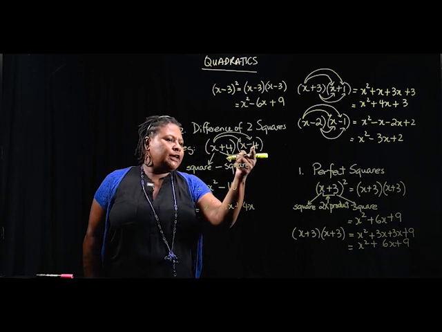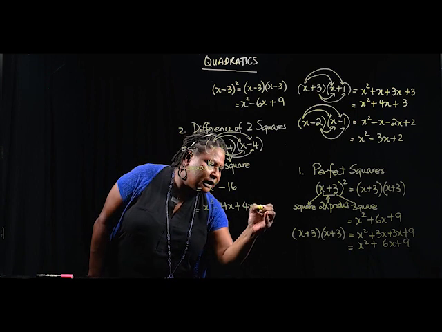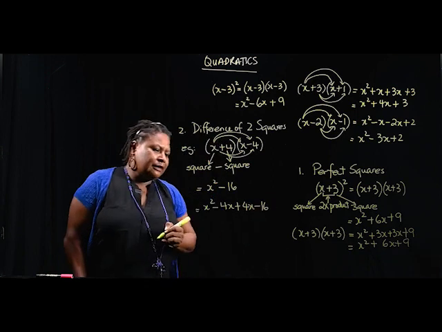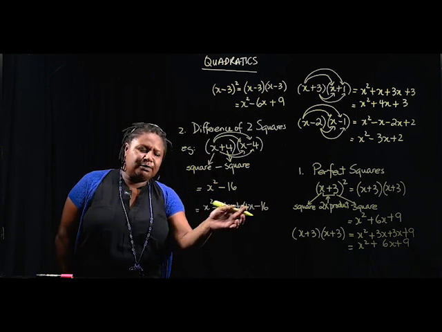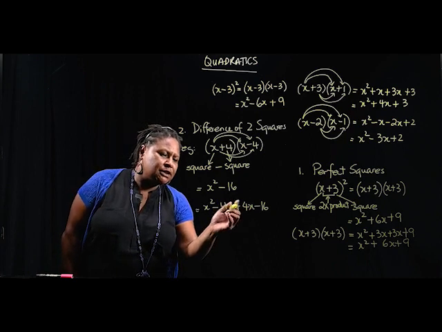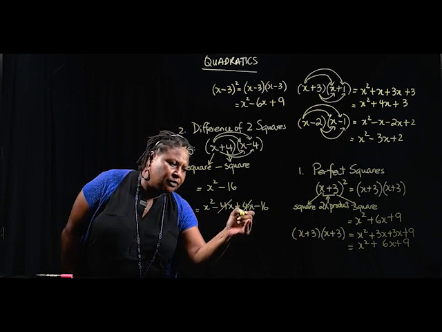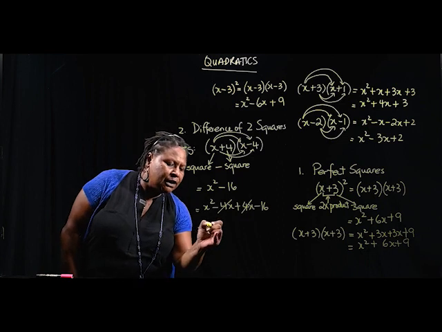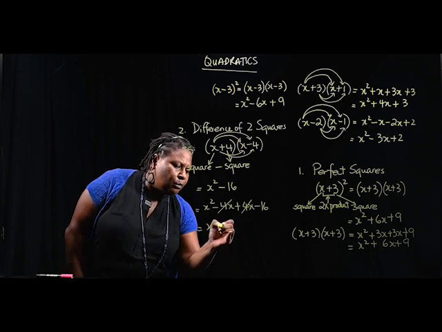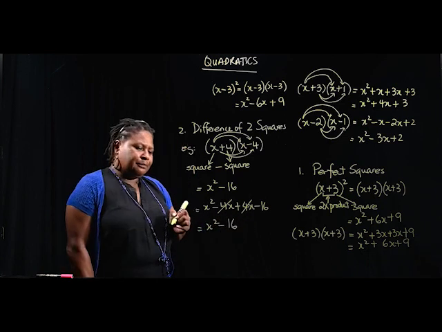And 4 times negative 4 is negative 16. So you find that of the two middle terms, one is negative and the other is positive, so they cancel out, and you are left with x squared minus 16.